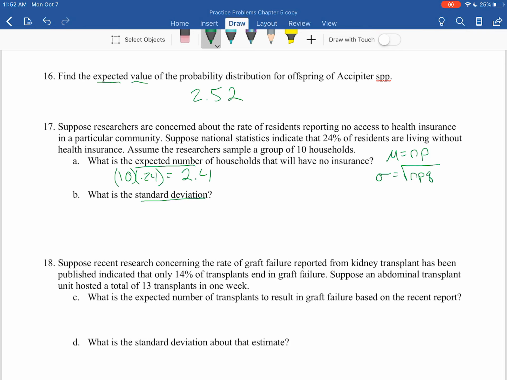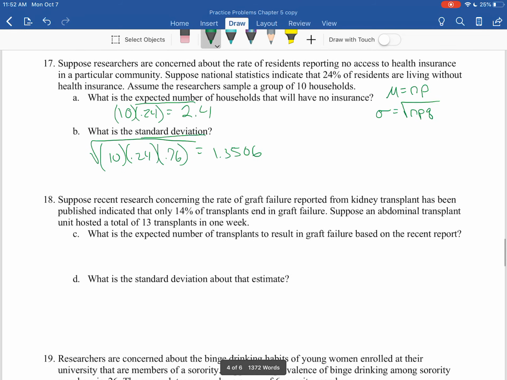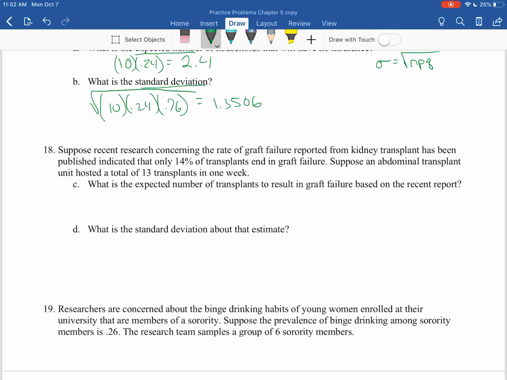So if you take your 10 times 0.24 times 0.76. Remember, q is the probability of failure, or 1 minus p. Take the square root of these values, you get 1.3506.